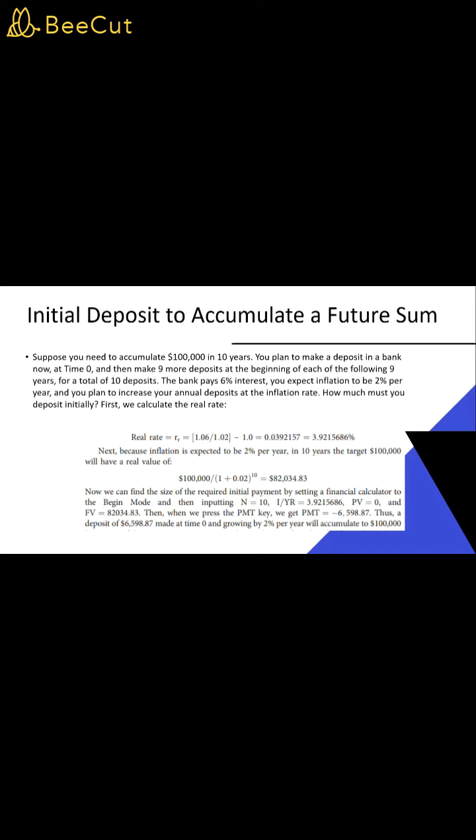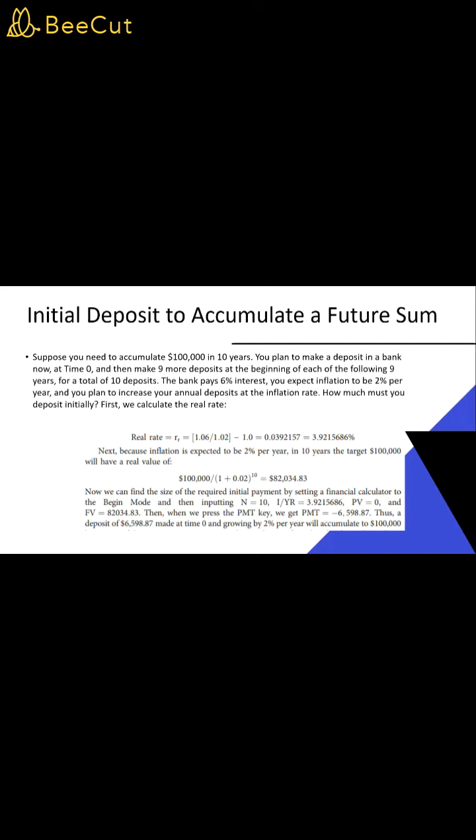Now, as soon as we see this, we've already learned in this lecture how to calculate payments. But the main thing that's different in this situation is that there is an inflation rate, right? So the first thing to calculate the interest rate, we need to calculate the real rate. And we just saw in the previous slide how to calculate the real rate.